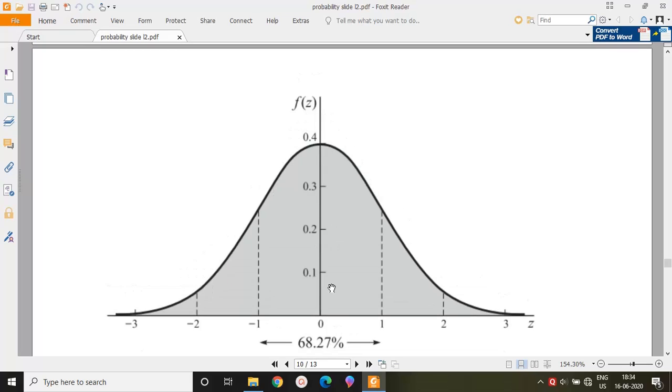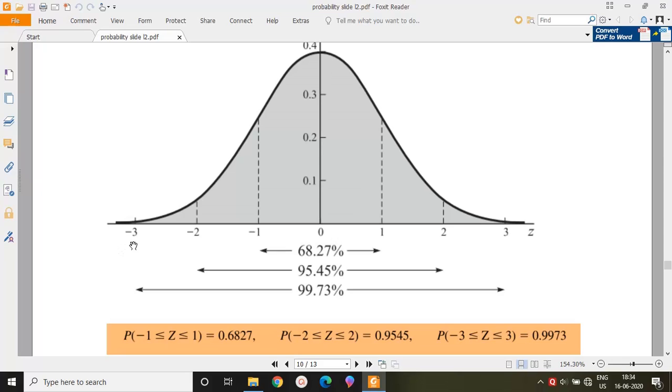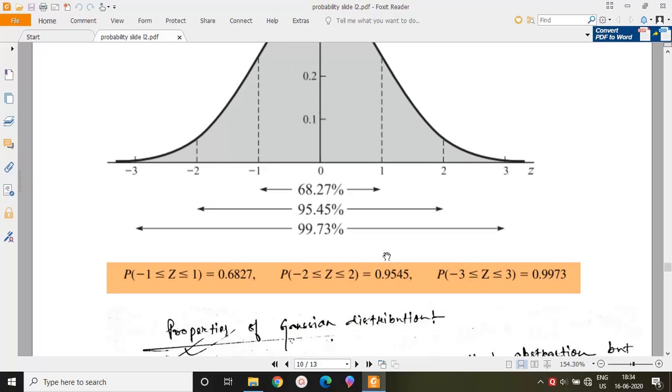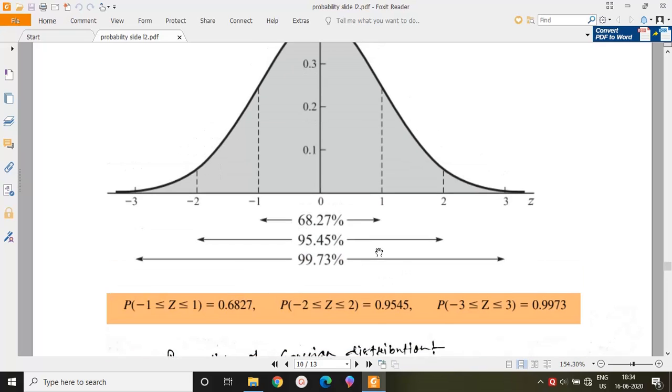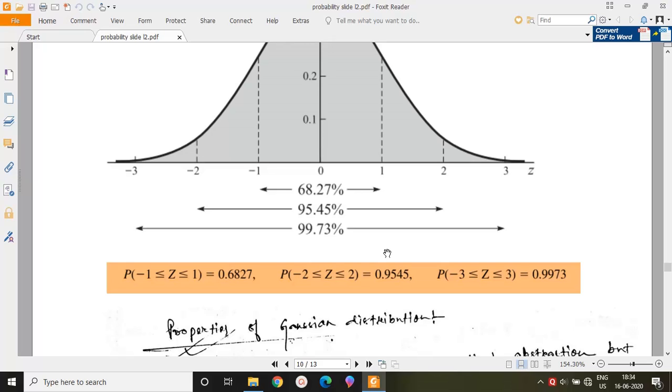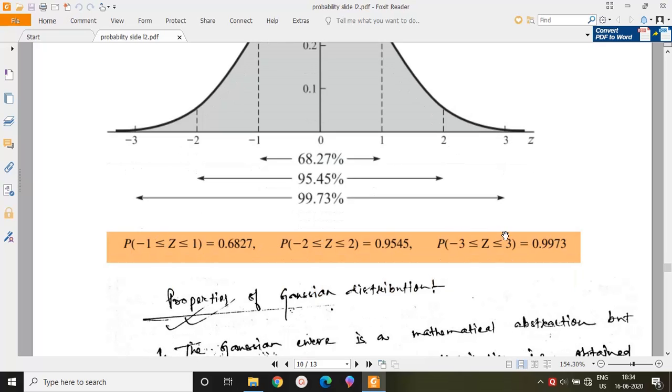And here you have 0.1, 0.2, 0.3, 0.4, etc. You will see that 68.27 percent of data lies between -1 and +1, that is mu plus and minus sigma. This is mu plus 2 sigma, 95.45. Between mu plus 3 sigma, it is 99.73%. So these probabilities are written there.